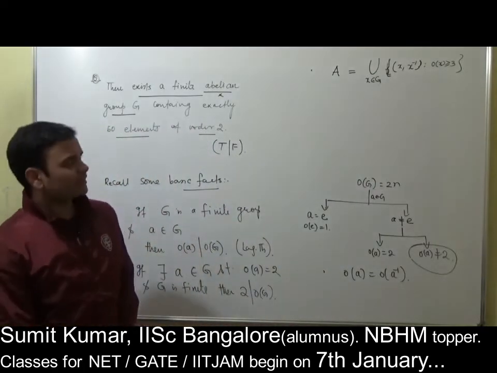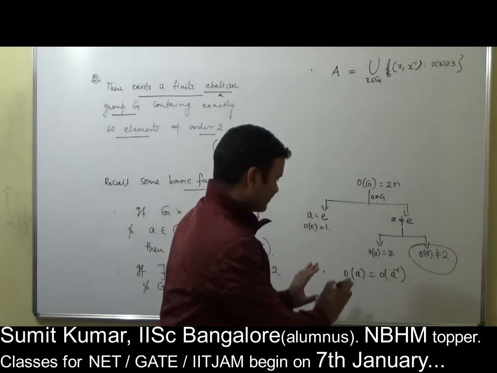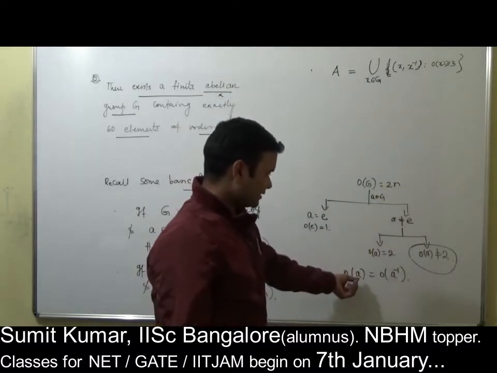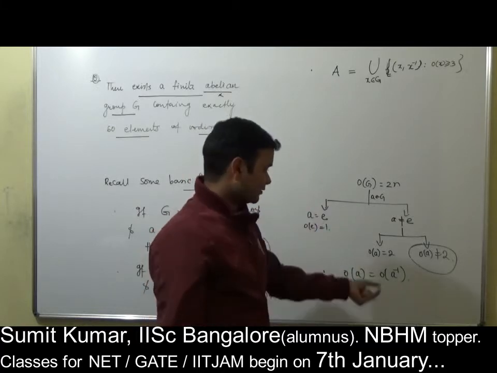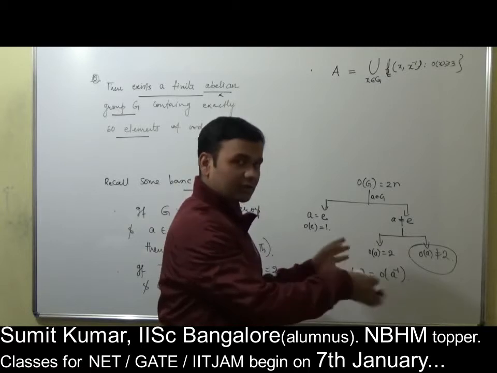Look at this set very carefully. What properties do you have? If a is an element of some order, then the order of a inverse is exactly the order of a.